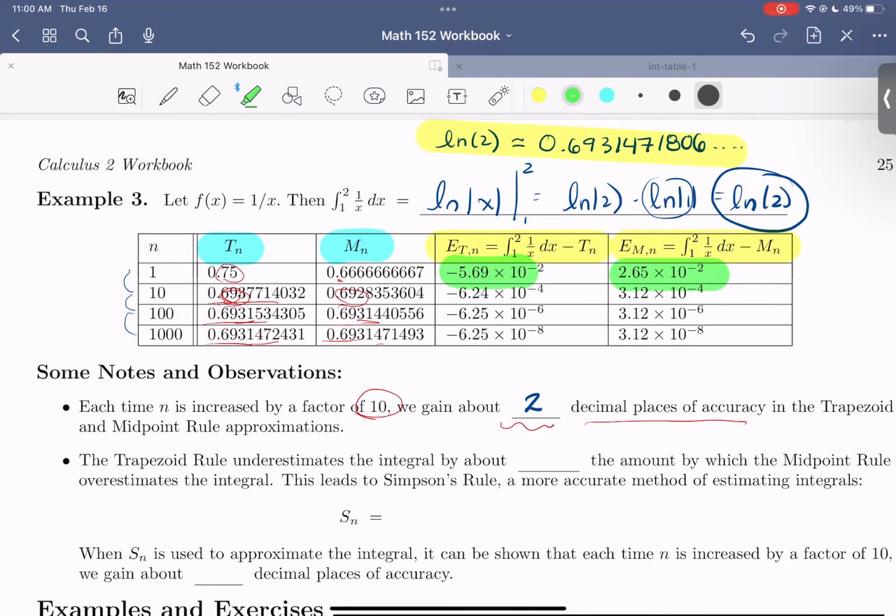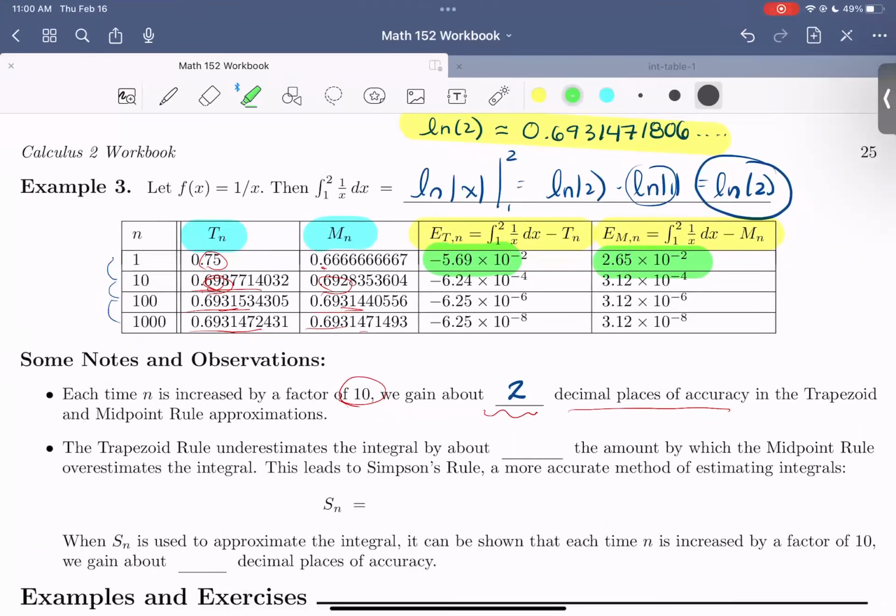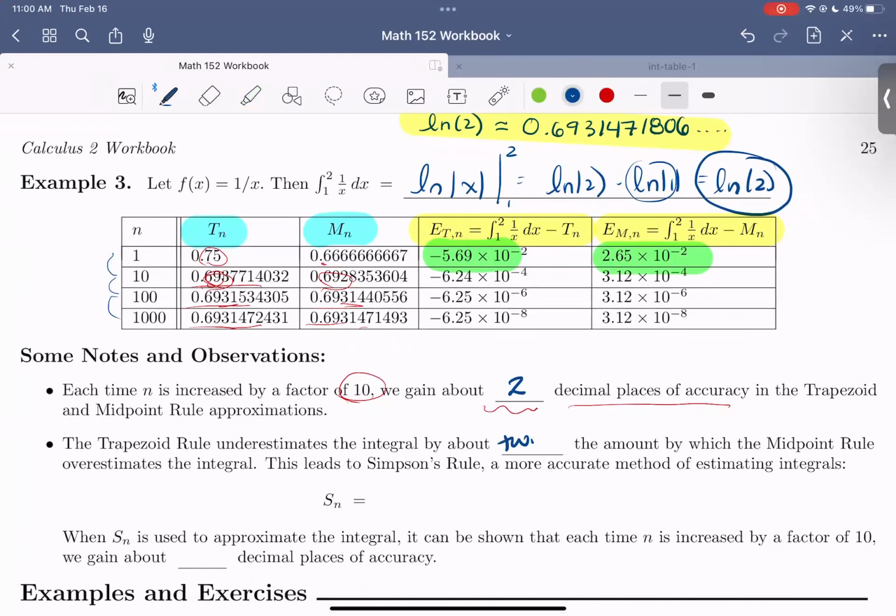We see that the error in the trapezoid is an underestimate about twice the size of the overestimate coming from the midpoint rule. And we see that this follows as we go all the way down. So what that means is that the trapezoid rule underestimates the integral by about twice the amount by which the midpoint rule overestimates this integral.